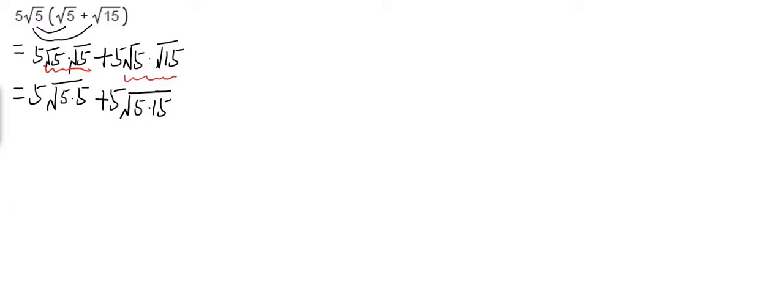Okay? And now, for the first term, we can write down as 5 square, right? 2 5s together gonna be 5 square. For the second term, we need to be careful because 15 can be written down as 5 times 3 or 3 times 5, right?